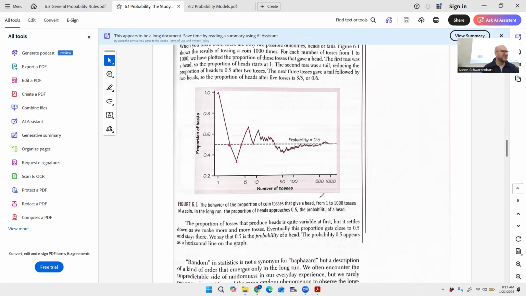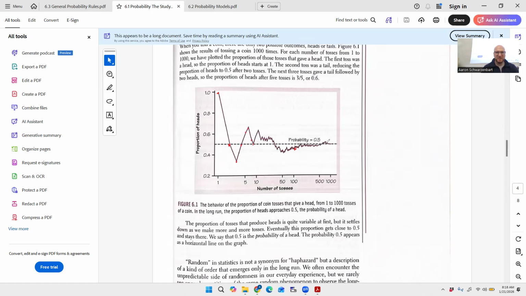This is an interesting x-axis where they scaled it. You can see the scale getting tighter and tighter. It's kind of a logarithmic type of scale. But notice that there is deviation, and down here, even around 100, you're not at 50%.